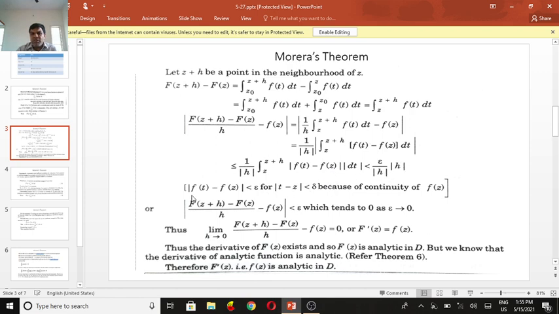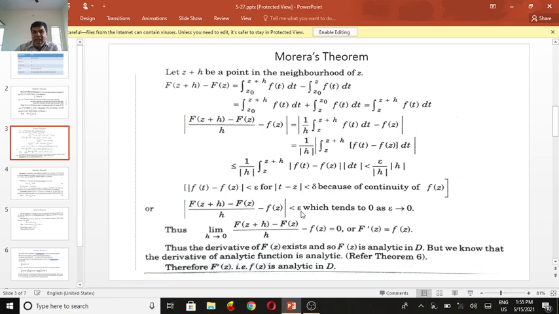This value, the modulus of f(t) minus f(z), can be made strictly less than epsilon for mod t minus z less than delta, because f(z) is continuous. Therefore the absolute value of F(z+h) minus F(z) divided by h, minus f(z), can be made very small.